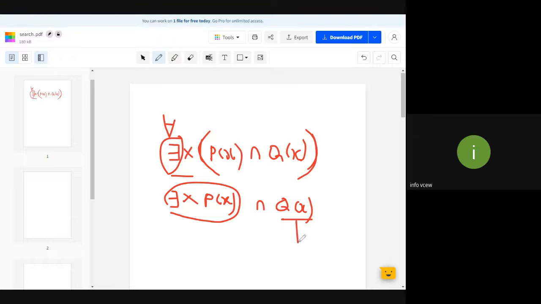This is a free variable. This is a bound variable. Now it is clear what is a bound and free variable. So in the first example, each and every variable is bound. In the second example, P of x is the only bound variable and Q of x is the free variable.